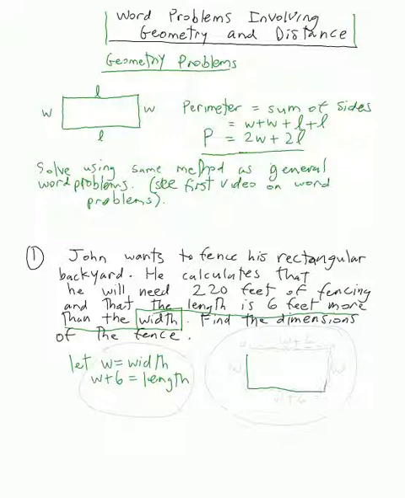Sometimes it helps to draw a picture. So here's my rectangle. We've got the width, but then we've also got W plus 6 here. Now, it says that we need 220 feet of fencing around this backyard. Well, that means that the perimeter is 220, because if you were to fence off this thing, you would go exactly around one time, wouldn't you?